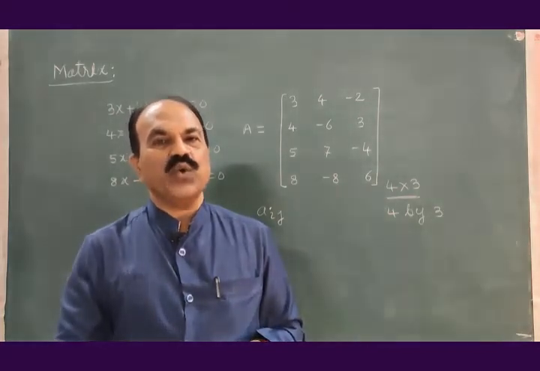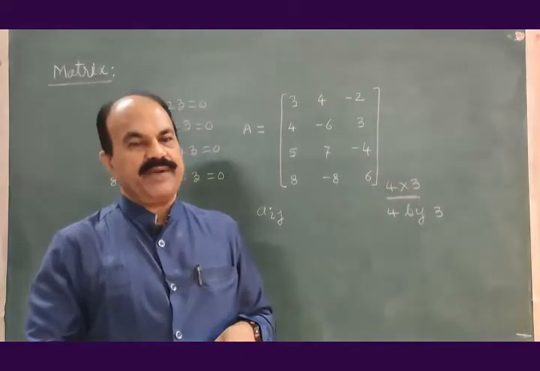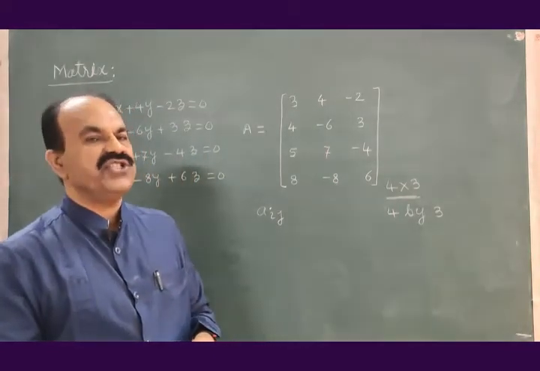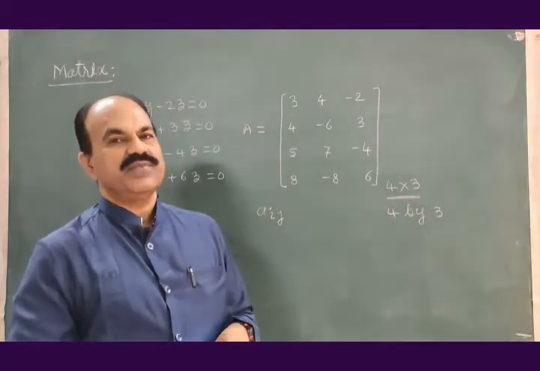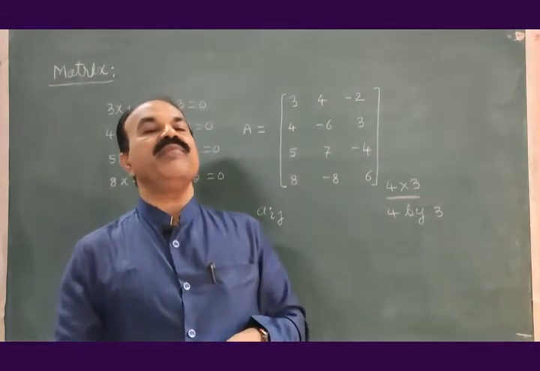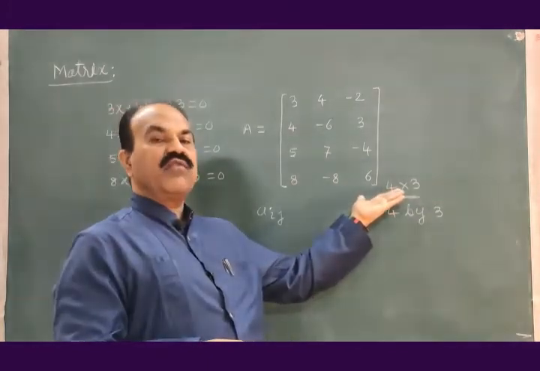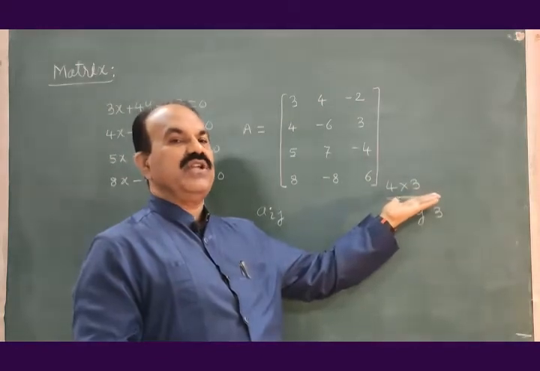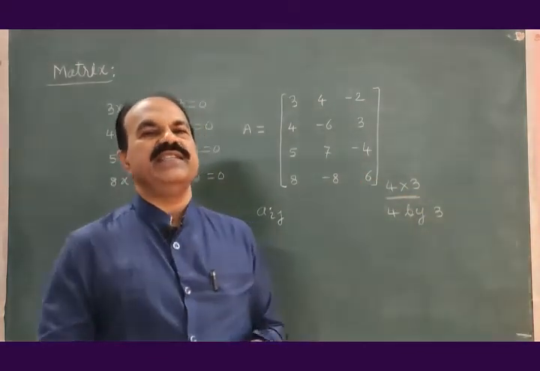It has rows and columns. These rows and columns may be equal in number, may not be equal in number. In this case here, there are 4 rows, 3 columns. So, the order of this matrix is 4 by 3.